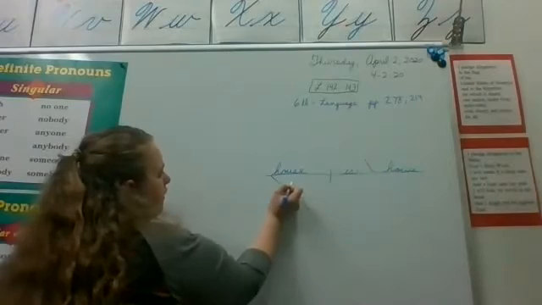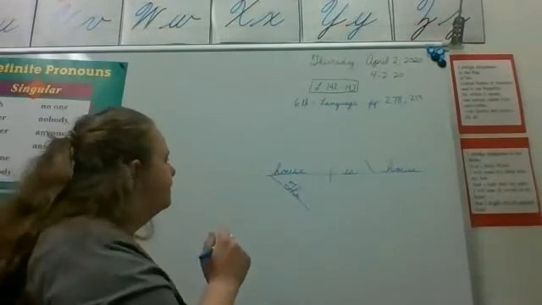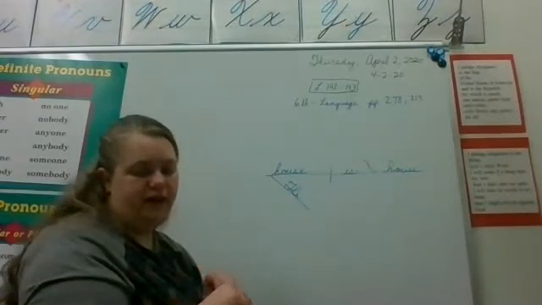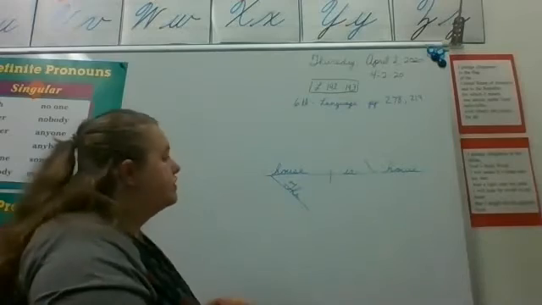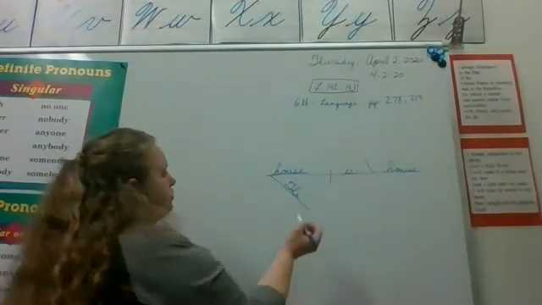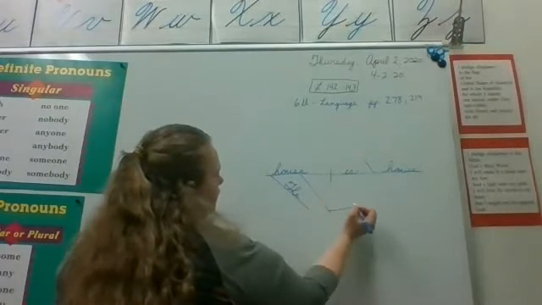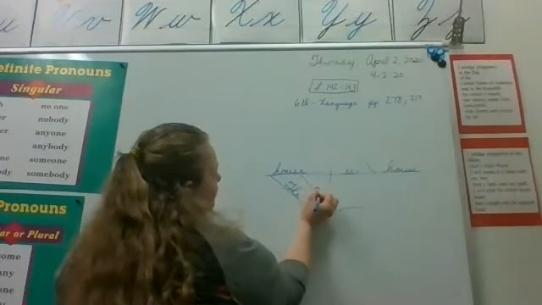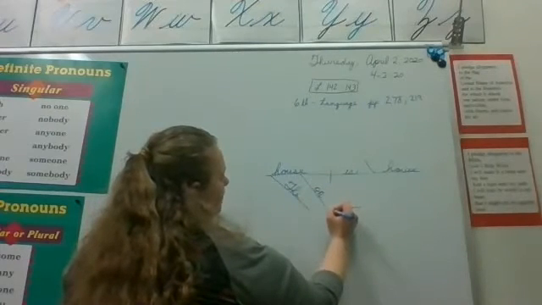So the house, right? We do these in the order that they appear. So the goes here. Well, on the corner describes this house, right? So we're going to put it down here. We do our prepositional phrase. Your preposition goes on this line. Your object goes on this line.